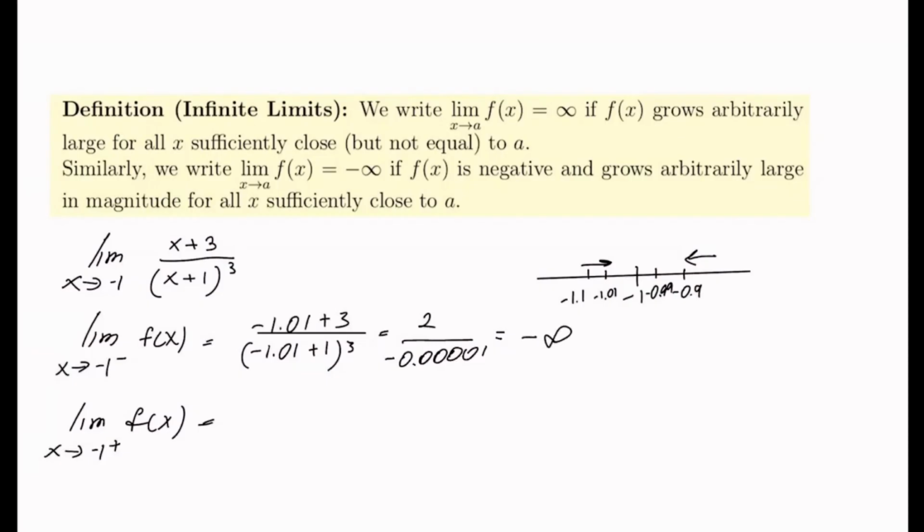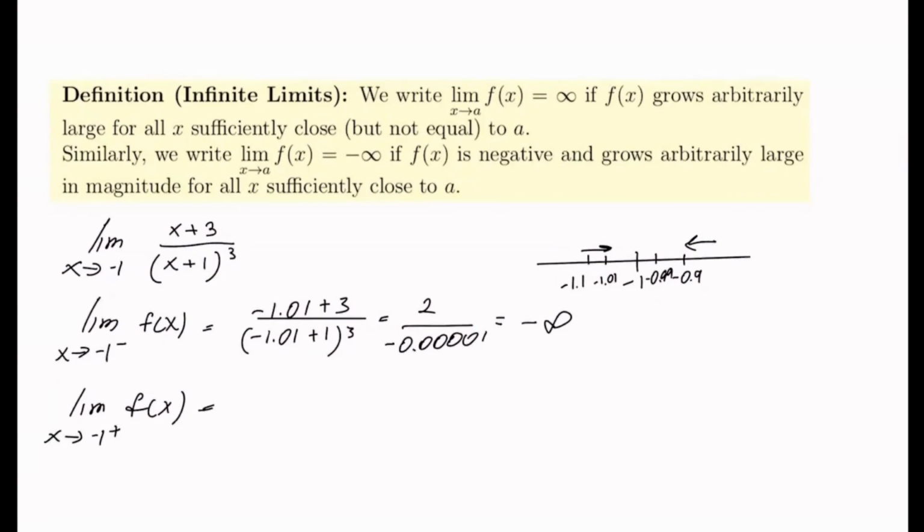On the other hand, on the right side, we're picking a value that is close to -1. So we have (-0.99 + 3)/(-0.99 + 1)^3. The numerator doesn't change. It will be approximately 2, right?